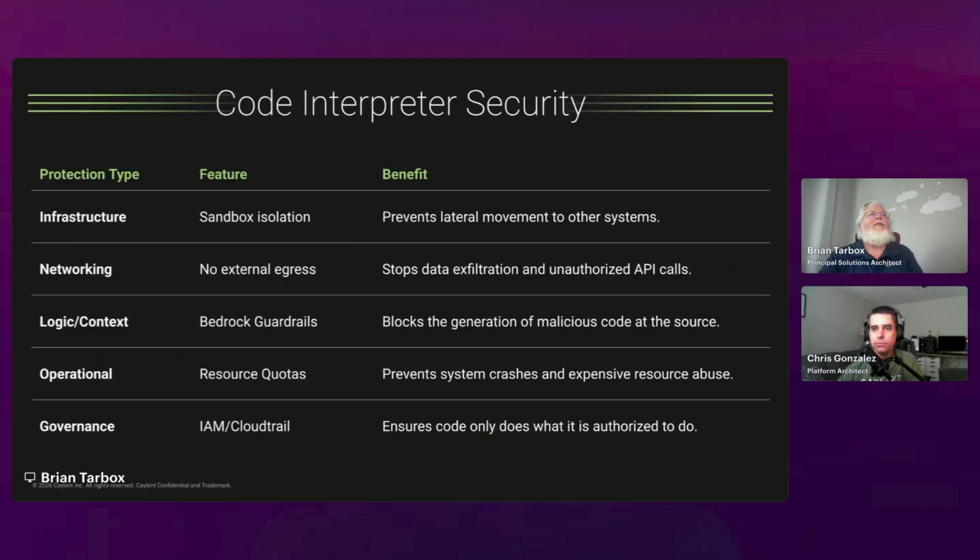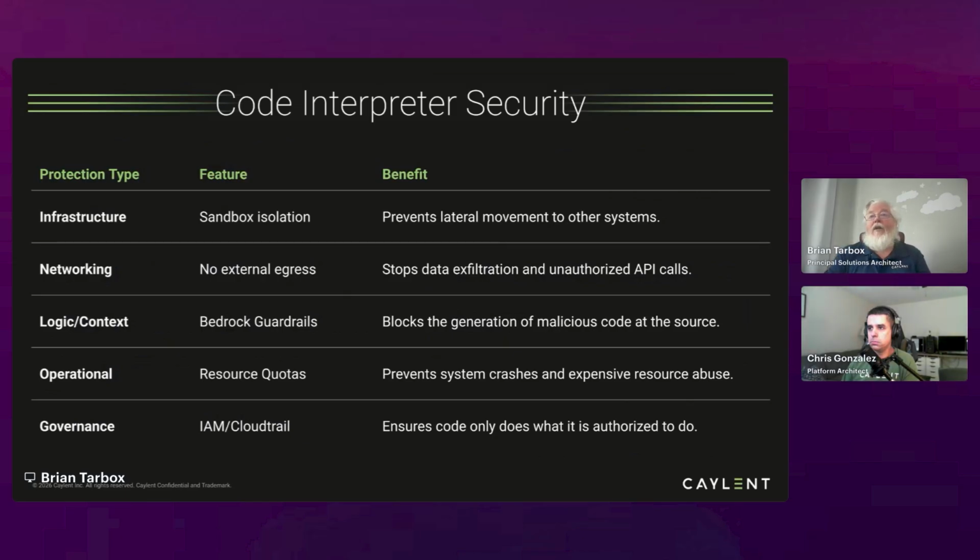Yep. Excellent. So Code Interpreter has all kinds of security. There's infrastructure because we get our sandboxes. We have network protection by default. There's no external egress, so you can't exfiltrate the data. You can't have an agent say, "Oh, grab me everyone's social security numbers and pull them out," because it can't pull them out.